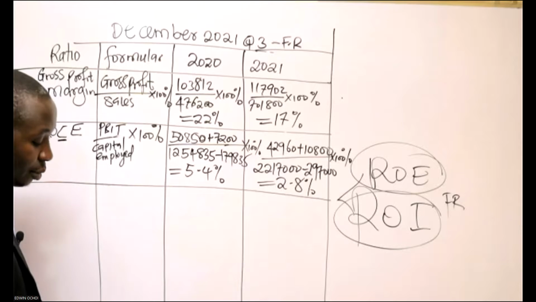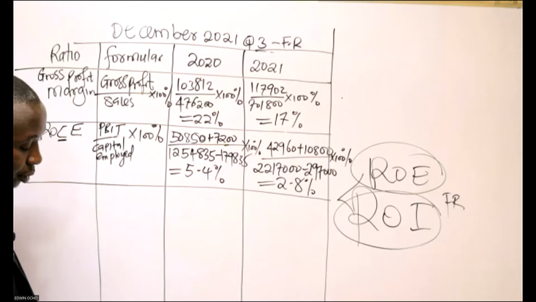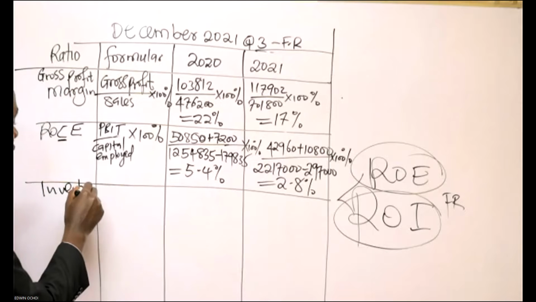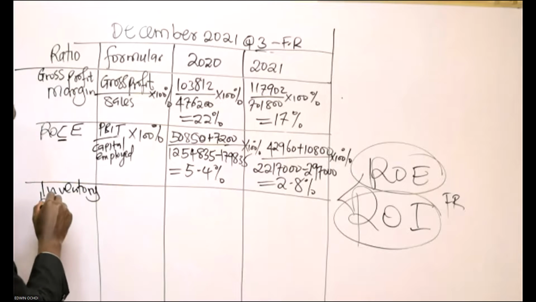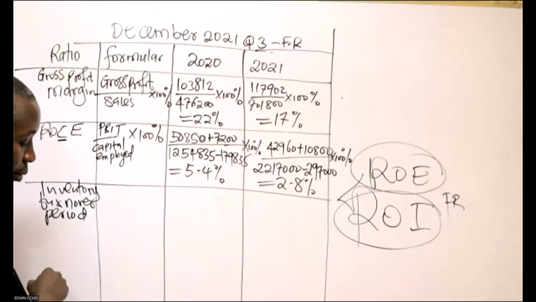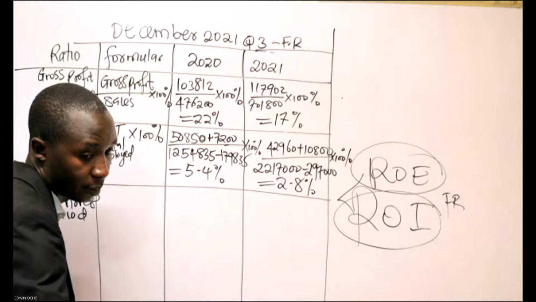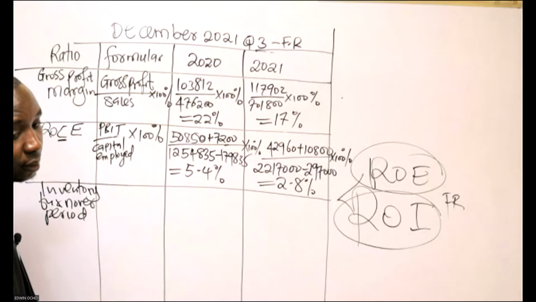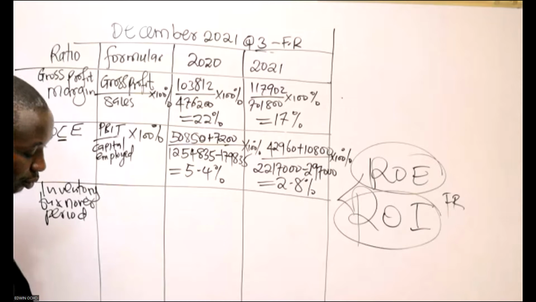Ratios are many. So in this question, our third ratio was inventory turnover period. So what about this? Inventory turnover period, what about it?